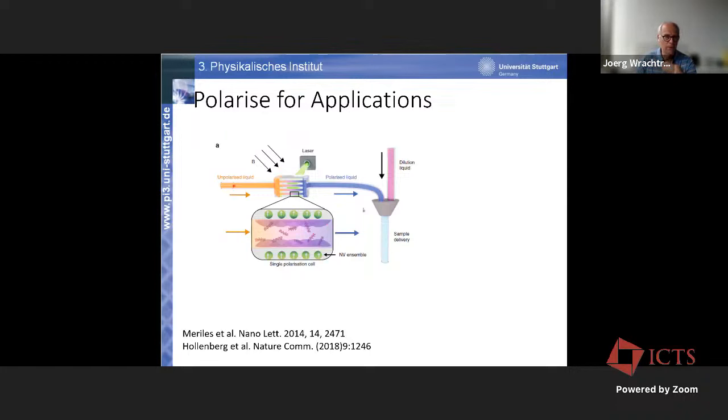You have, say, an unpolarized liquid like water, where all the proton spins are pointing up and down in a statistically random way. You use your polarizer, that is the interaction with the diamond surface, and by this you polarize your liquid. Typically, the spin relaxation time of protons in liquids is a couple of seconds, between 10 seconds, 30 seconds, and even minutes. So you can take this polarized liquid and then deliver it to a specimen you are interested in.